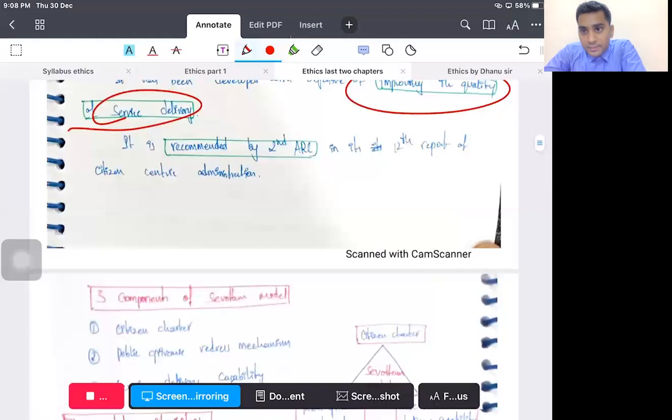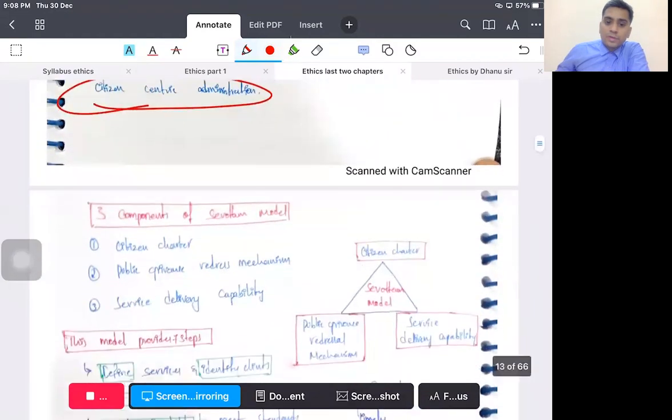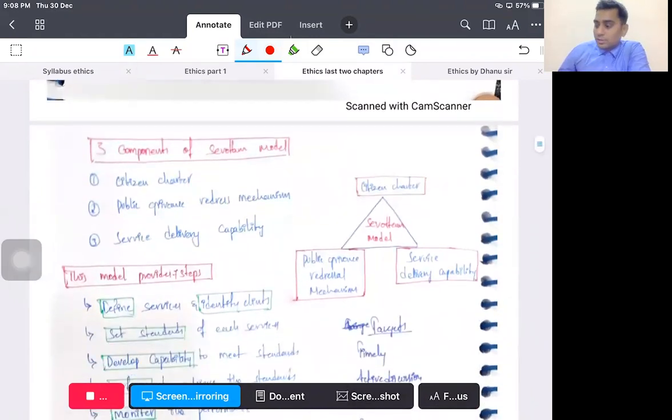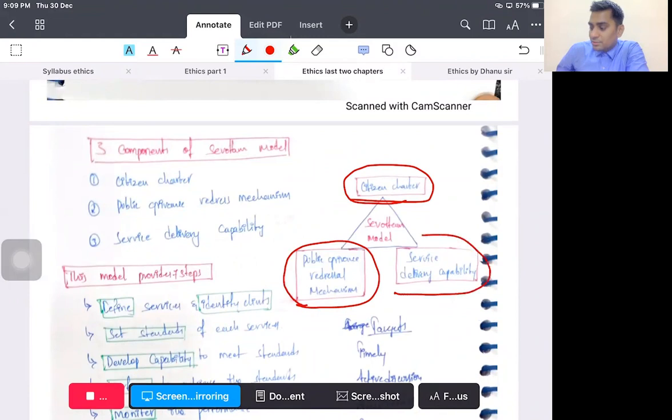It is again recommended by the second ARC in its 12th report called Citizen-Centric Administration. Right? No need to worry about those common components. Just remember that the SEVOTTAM model is prepared by the second ARC. Now, what are the 3 components of the SEVOTTAM model? The 3 components are citizens charter, second, public grievance redressal mechanism, and then service delivery capability.